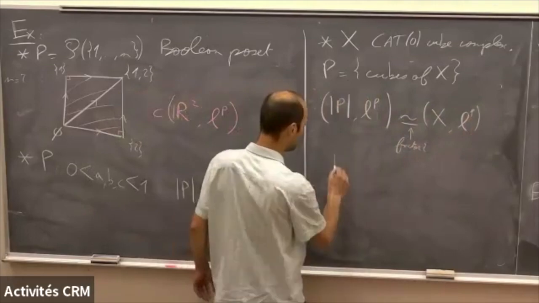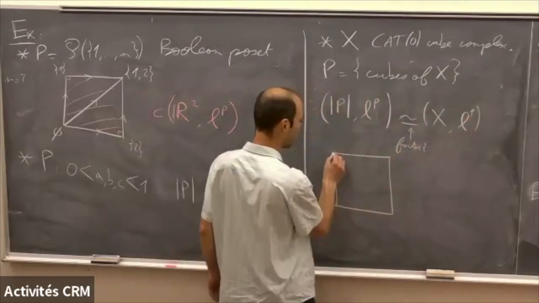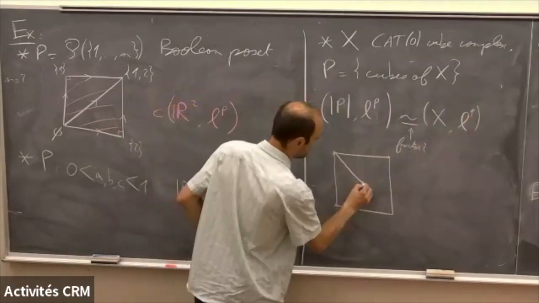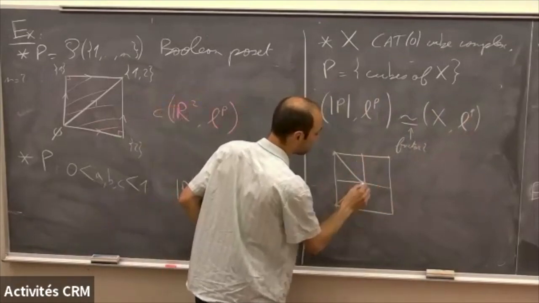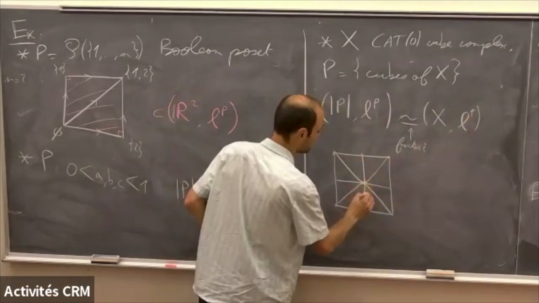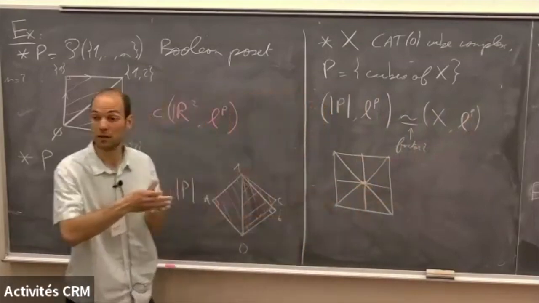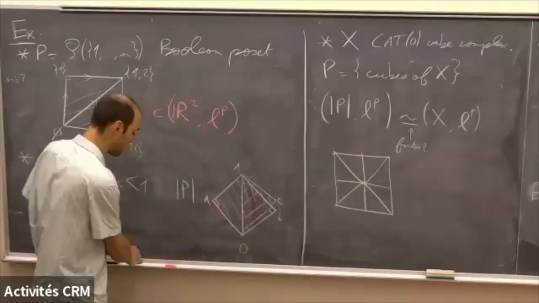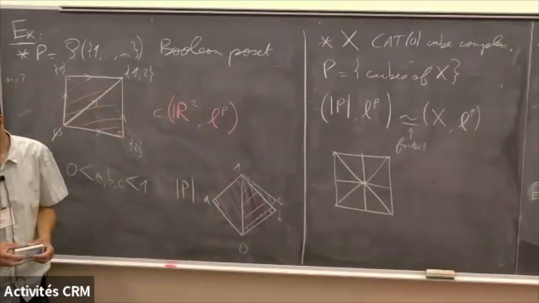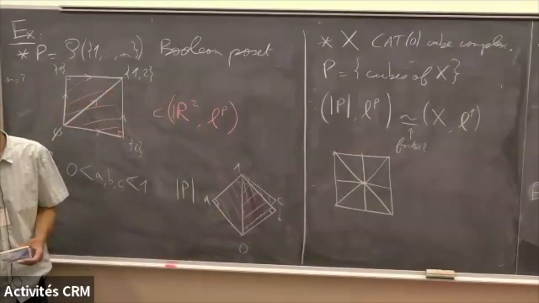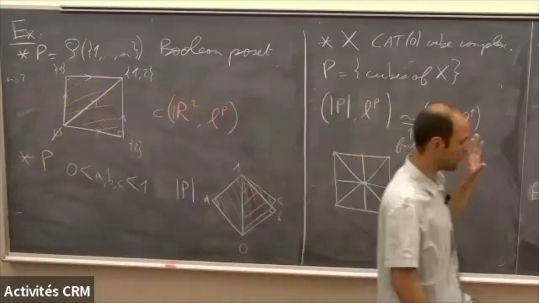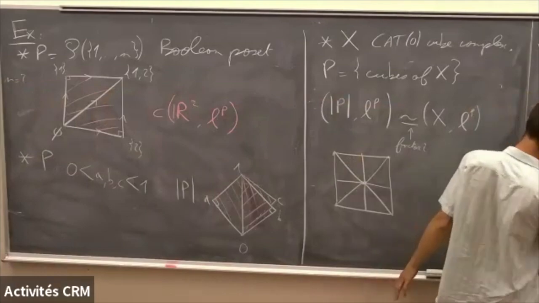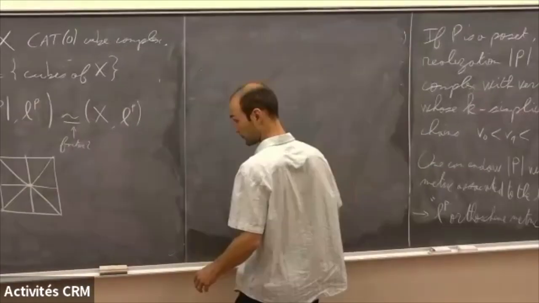Essentially, if you had a square, you will get the first cubical barycentric subdivision, and the edge length will double, but that's the only thing. So this recovers the standard metric on a CAT(0) cube complex. Okay. So I insist that this is one of the most efficient ways to put a metric on a simplicial complex if you have some order on your vertices.